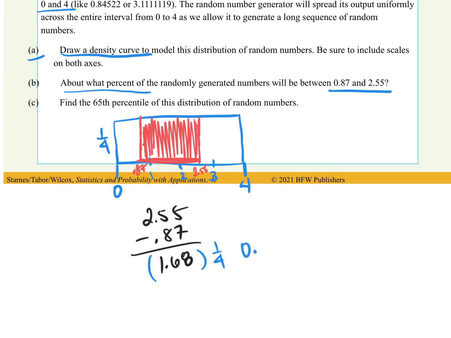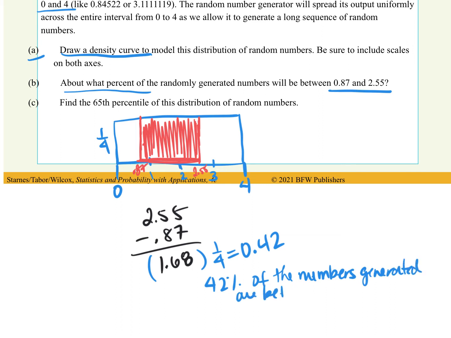And I got 0.42. So 42% of the numbers generated are between 0.87 and 2.55.